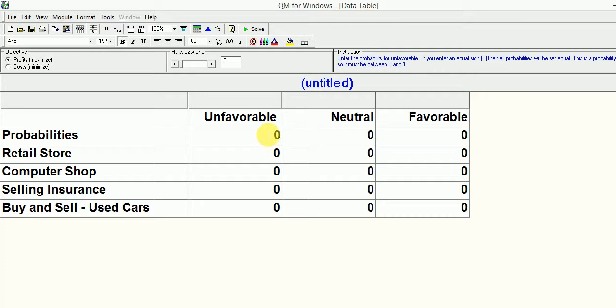So, for example, the unfavorable market scenario would come up around 20% of the time, and usually the neutral will be a huge chunk of it, and the favorable market scenario is also maybe around 20-25%.